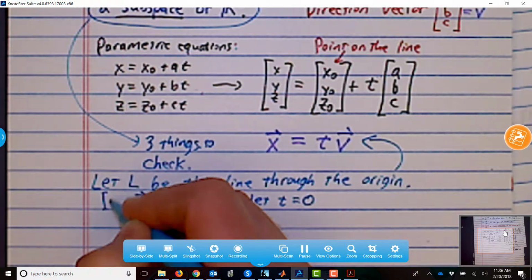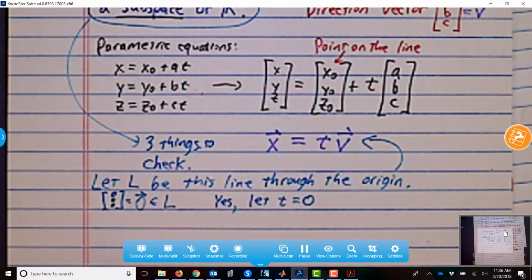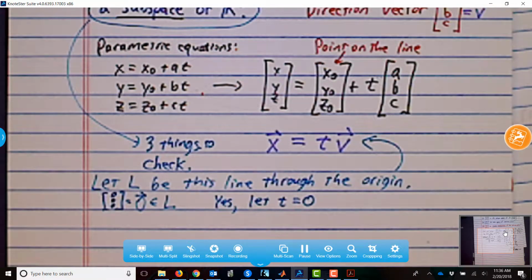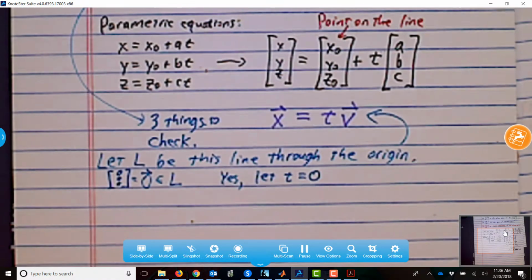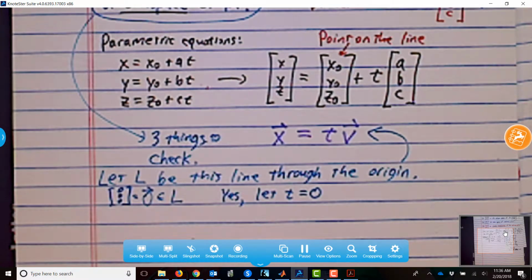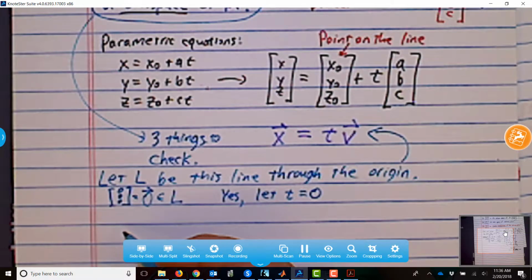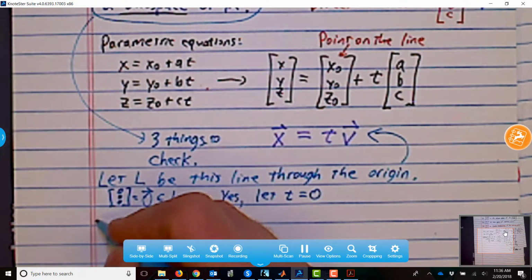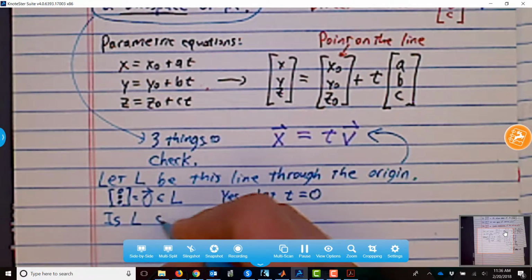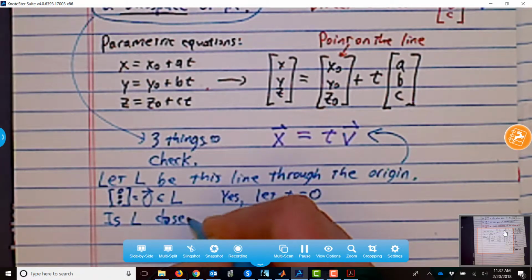By the 0 vector, you guys do know I mean this, right? They even said it's a line through the origin. Let t equal 0 and you have it. So, let L be a line through the origin, this line, x equals tv. So what are the other things we have to check? We have to check that L is closed under what?